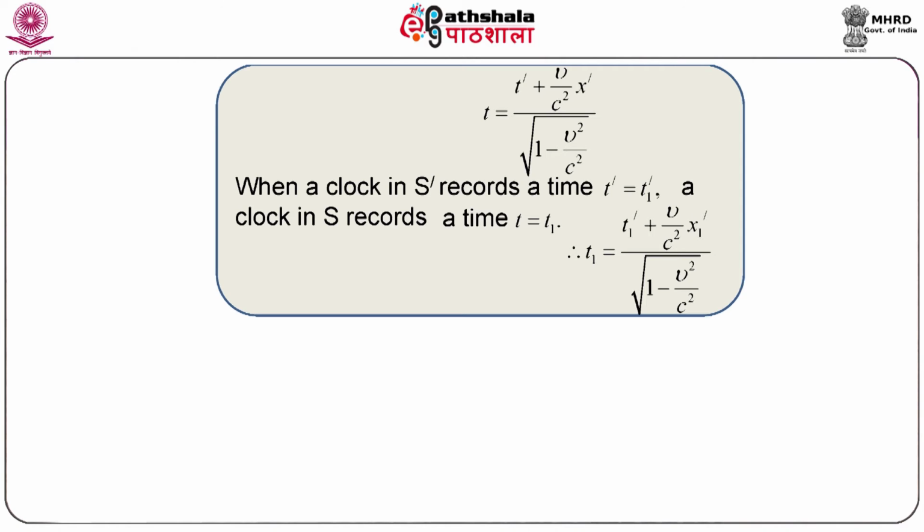Lorentz transformation formula has an advantage that it gives the transformation formula for time. This is the basic difference between Galilean transformation and Lorentz transformation. c is the speed of light. x dash is the position of the clock in frame S dash.